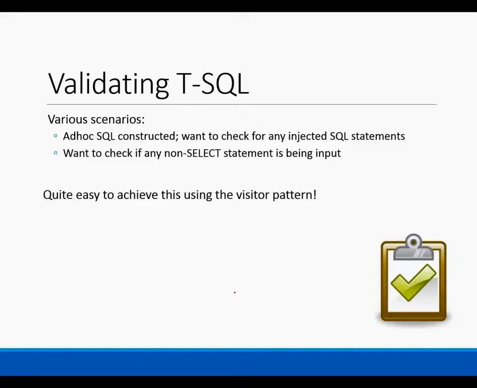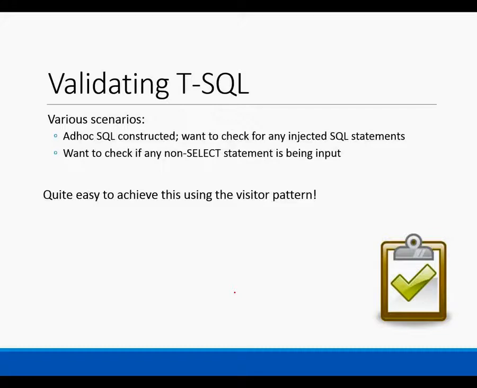So the script token stream is one thing I will show you, and along with that, I'd also like to show you another demo about validating T-SQL. Remember up front when we were talking about the scenarios, I mentioned SQL injection as one of the possible scenarios. Let's say you want to have a check on whether the code which is being parsed has anything other than select statements within it.